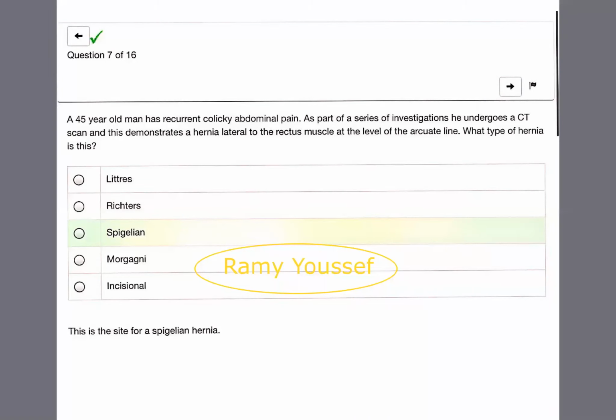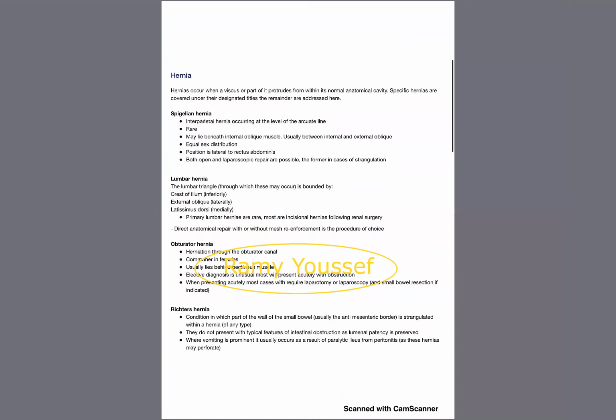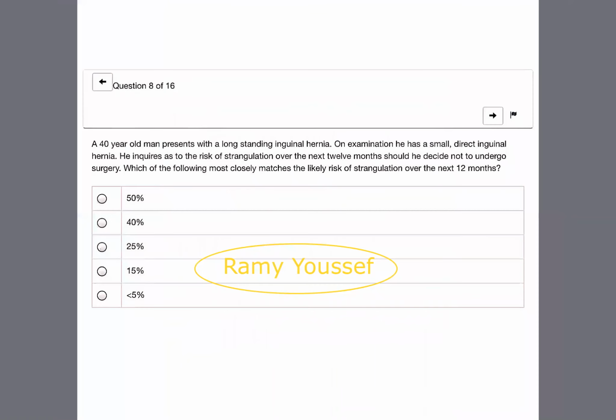But can we find the small bowel or large bowel? Yes. Okay, so it is part of the bowel wall. But what is Morgagni hernia? Morgagni hernia is the right-sided diaphragmatic hernia, congenital diaphragmatic hernia. Yeah. Okay, next question.